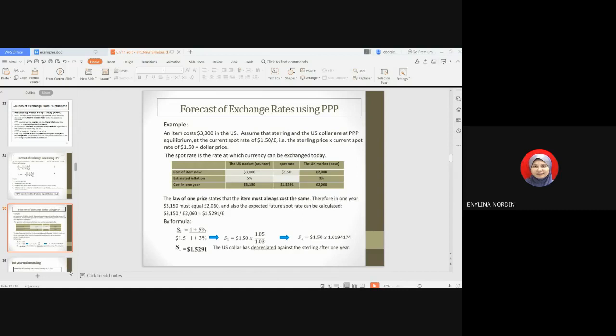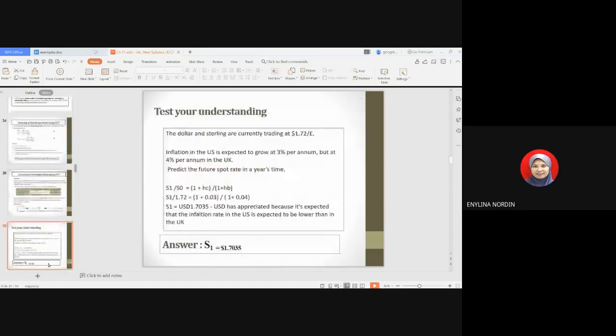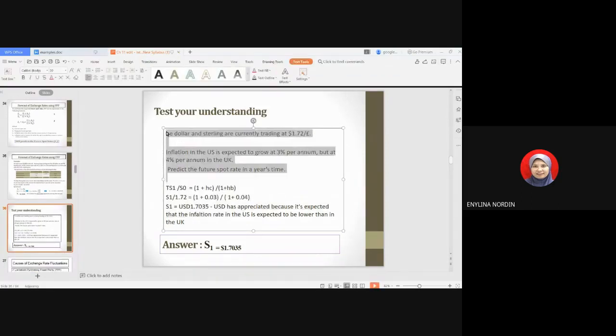Right, and now the next slide is another example. How are we going to calculate the expected spot rate? We take this example. Hold on.